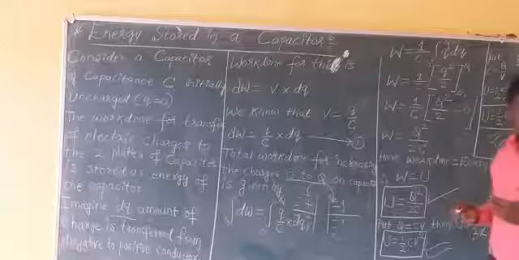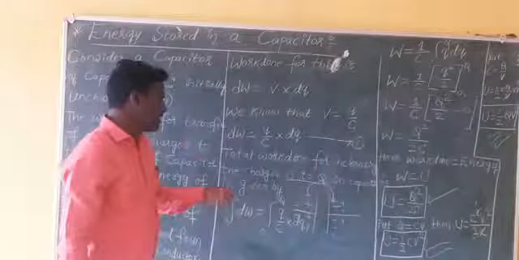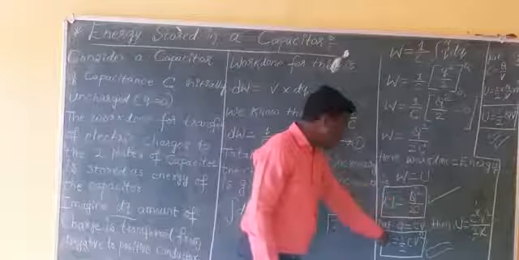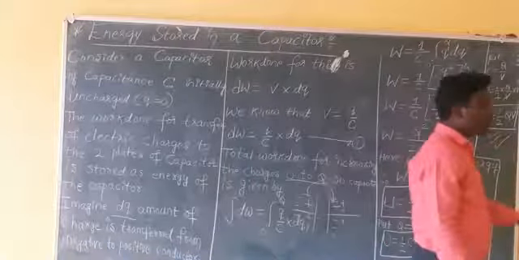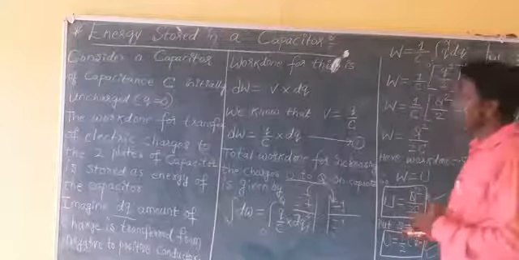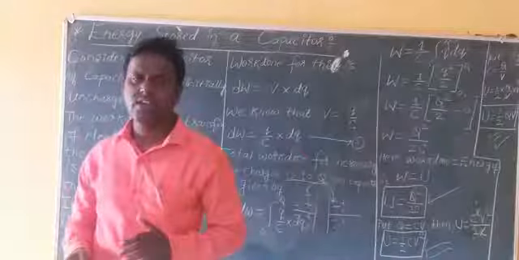What are the expressions for energy stored in a capacitor? U equals Q square by 2C, U equals 1 by 2 CV square, U equals 1 by 2 QV. Imagine the capacitor is initially uncharged.